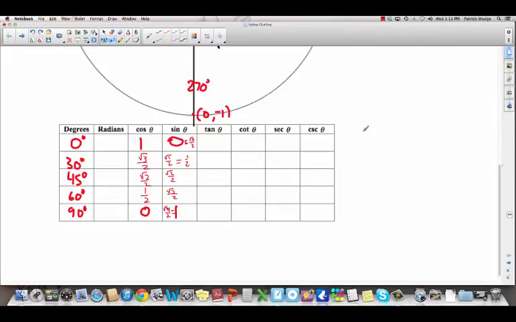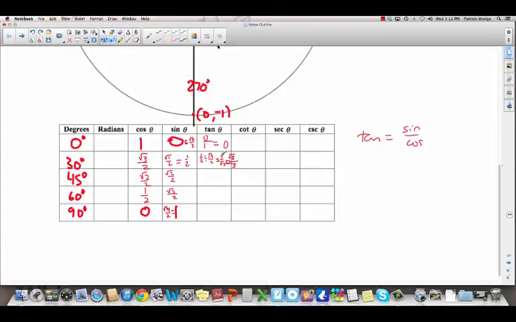How do you get tan? To get tan, you remember that tan equals sine divided by cos. So once you have your sine, well, sine is 0, cos is 1, 0 divided by 1 is 0. Sine is 1/2, cos is √3/2. Got to really squish here. If you flip and multiply, you're going to get 1 over √3, which is the same as √3/3.